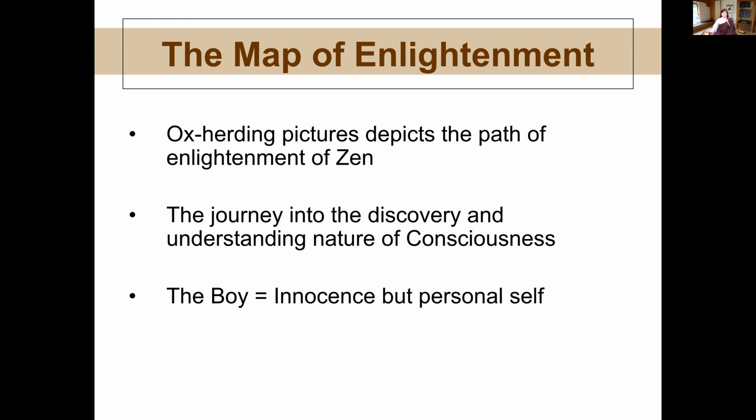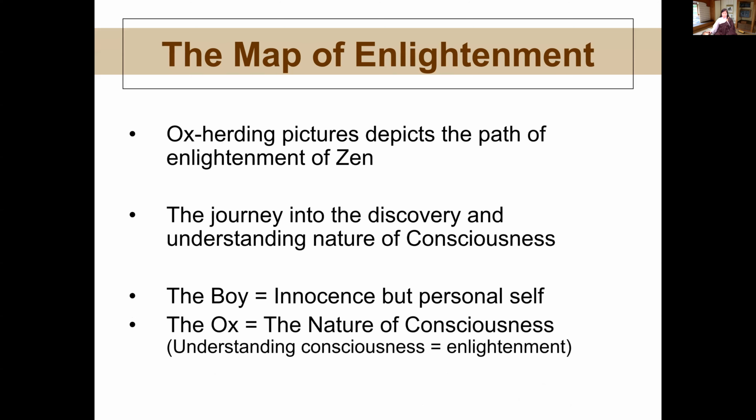So the boy in the ox herding picture, the ox herder, is the innocence, but also the personal self that we experience, a self-identity view, a separated self, that's I, different from you, that we experience as a normal human being. The ox in the picture is the nature of consciousness, which is Buddha nature or the awakened nature.